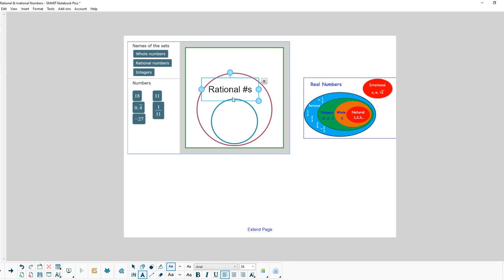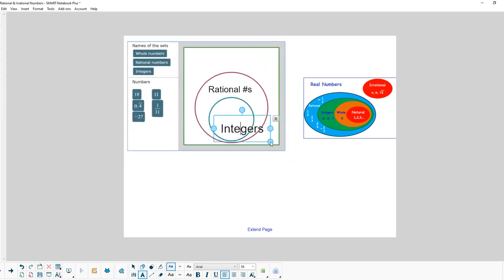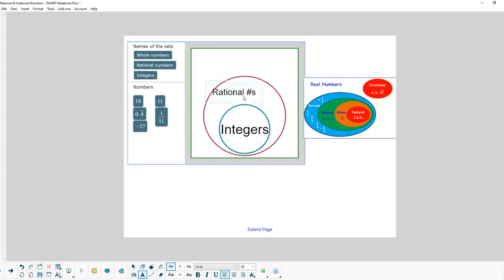The next circle in from that would be integers, right? Integers. All right, so now we've got that figured out. So we've got rationals and integers, and then outside of that would be irrational.